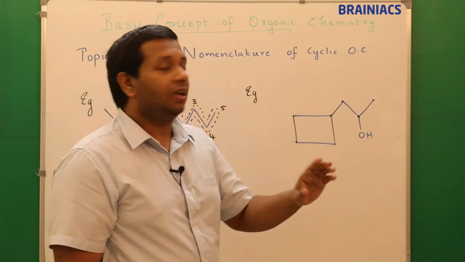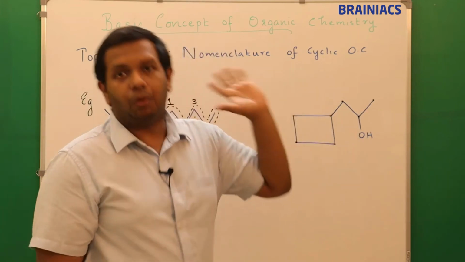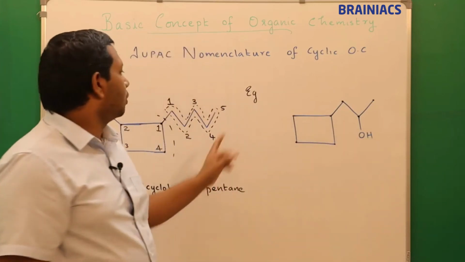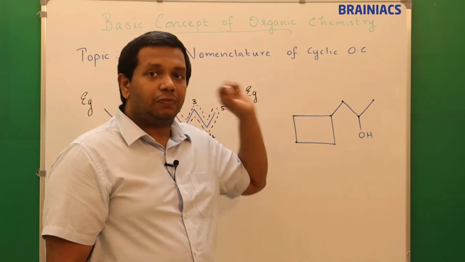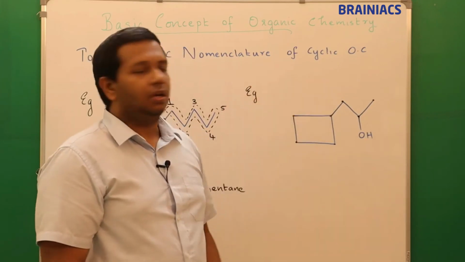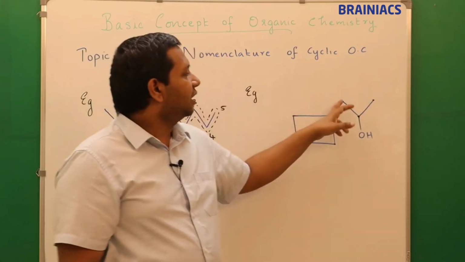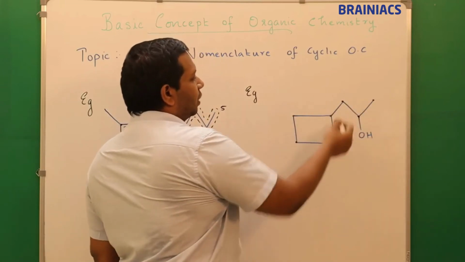But please listen, whenever a functional group or multiple bond is present, wherever the functional group is present, that should be considered as the parent chain. So here the functional group is present in the side chain, and the side chain has 4 carbon atoms, and this one also has 4 carbon atoms.